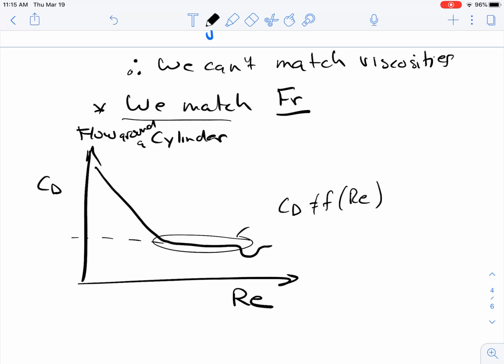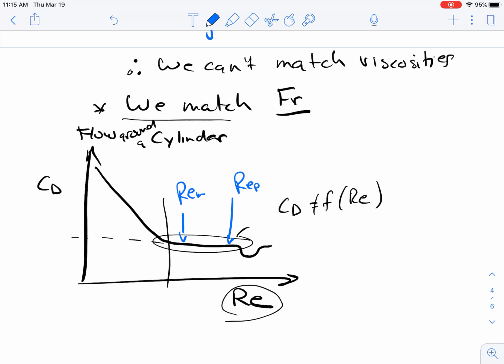It's almost constant. In that case, we may not have to worry about the Reynolds number. Even if our model Reynolds number is down here and the prototype Reynolds number is way up here, the drag coefficient isn't really a function of the Reynolds number, so maybe we don't have to match it there.